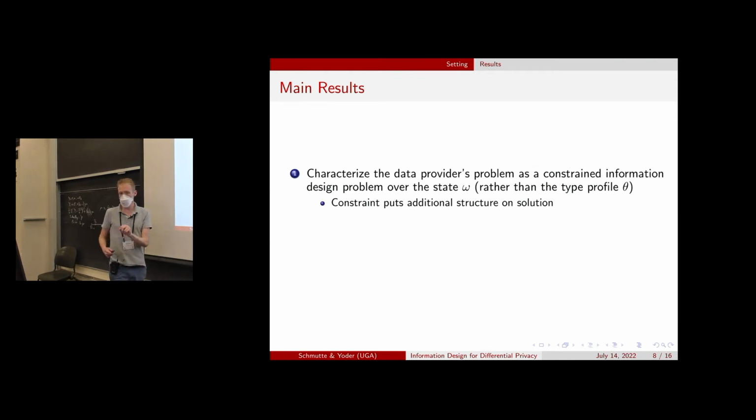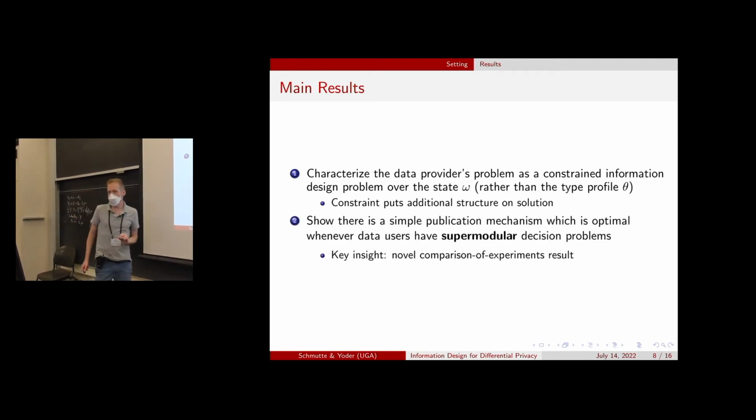And in particular, we'll show that the problem is going to simplify to one of choosing a distribution of posterior beliefs over states rather than over type profiles, subject to a constraint on the posteriors that we can induce that represents the differential privacy requirement. And the nature of that constraint is going to put additional structure on the problem solution relative to a standard information design problem.